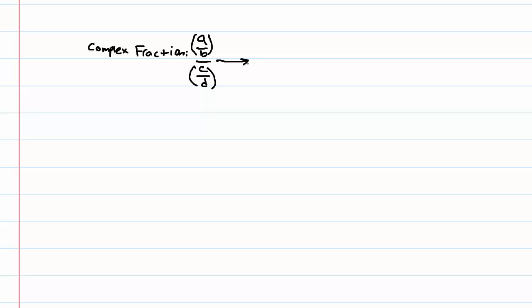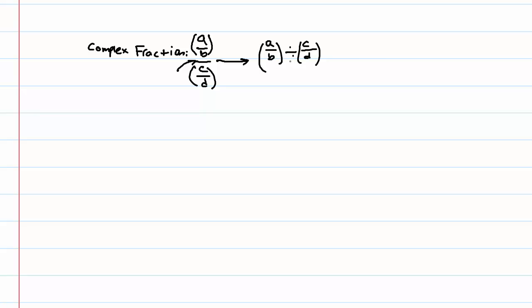We want to rewrite this as a over b, and this middle bar here indicates that we're dividing c over d, so we can rewrite this horizontally instead of vertically. And we know that when we divide fractions, we can instead multiply them by keep, switch, and flip.